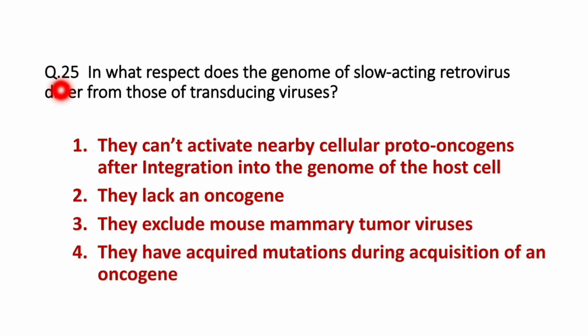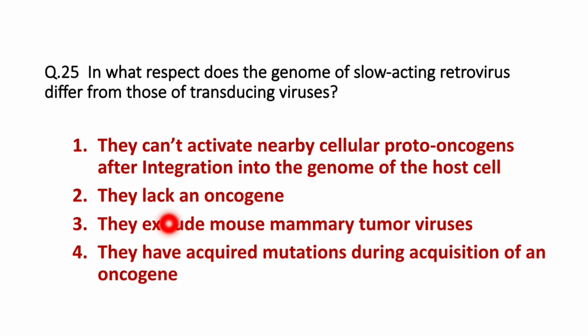Question number 25. In what respect does the genome of slow-acting retrovirus differ from those of transducing viruses? Options are: they cannot activate nearby cellular proto-oncogenes after integration into the genome of the host cell.